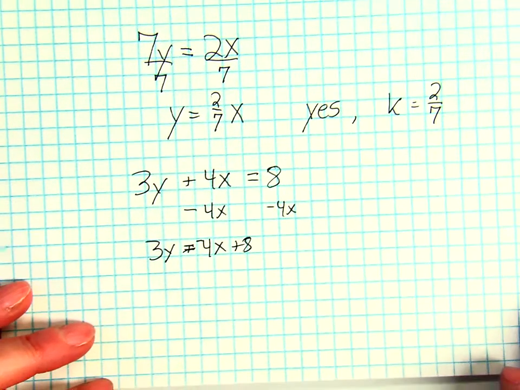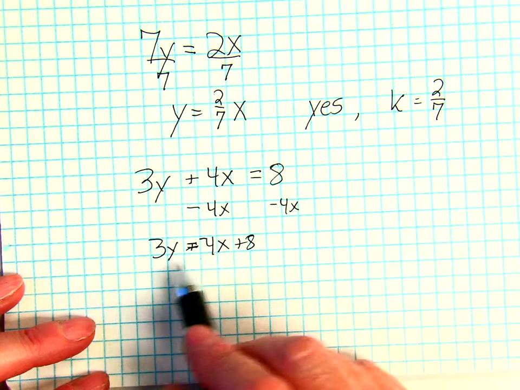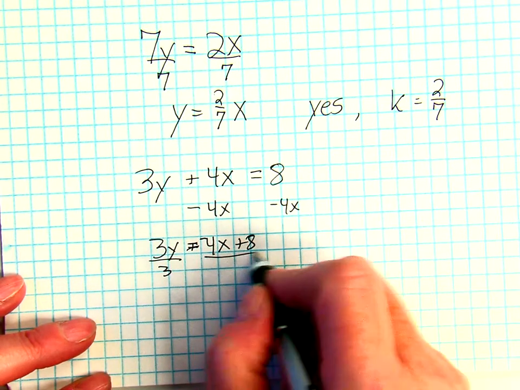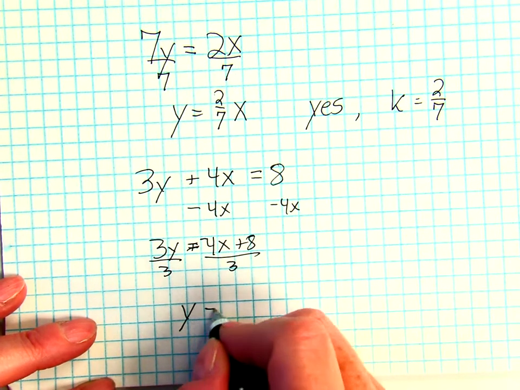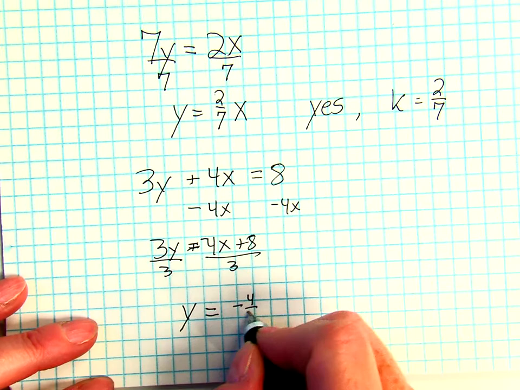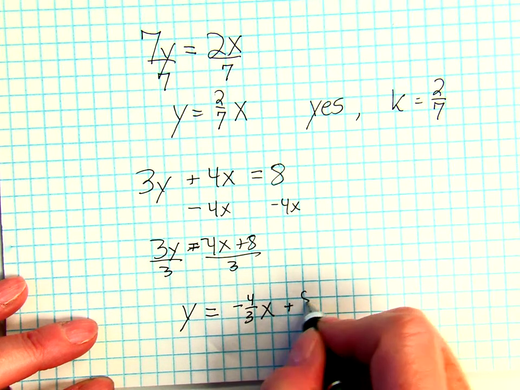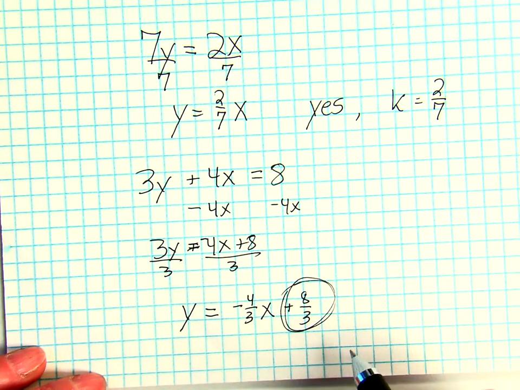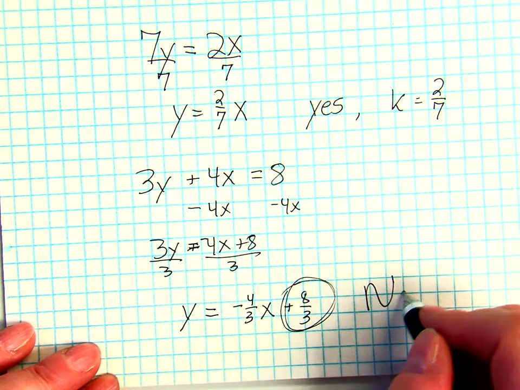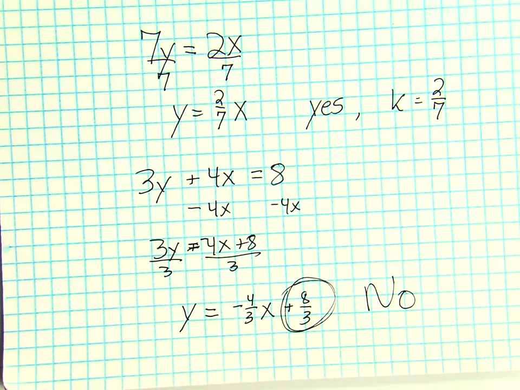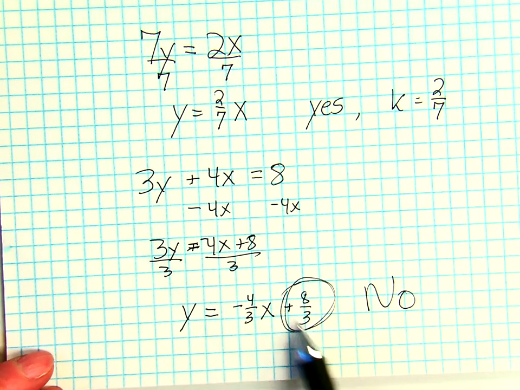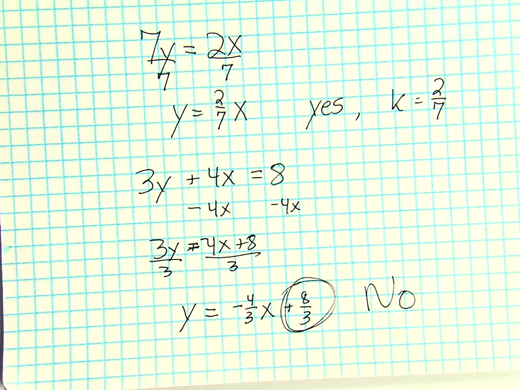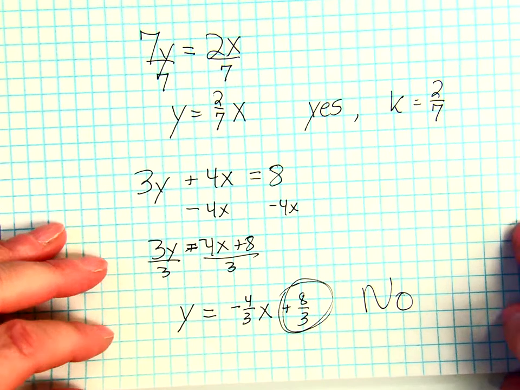Then I divide everything by 3, which gives me y equal to negative 4/3 x plus 8/3. See this term here? It tells me this is not a direct variation. Anytime you've got something being added on or subtracted out like that, you do not have a direct variation.